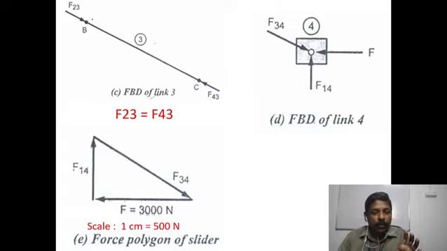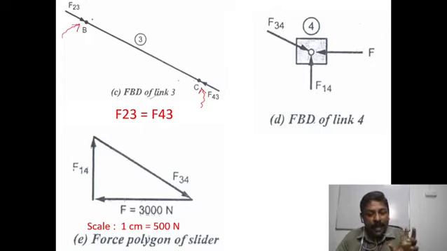Here we are removing all other adjacent links, only link 3 is represented, and the forces acting on it are represented. According to this, one force will act from link 2, that is F23, and one force will act from link 4, that is F43.